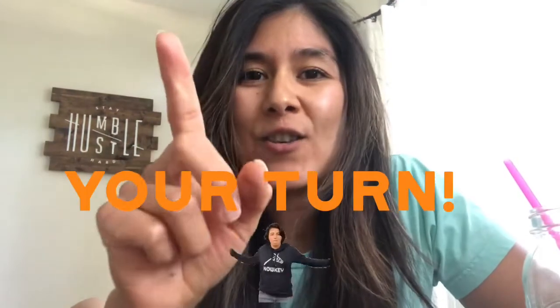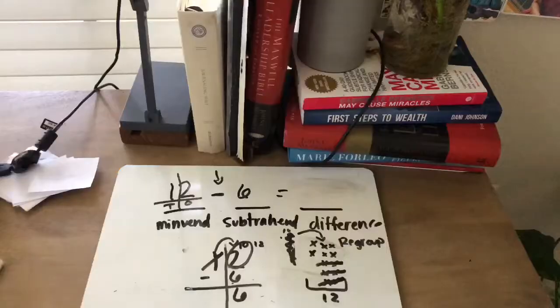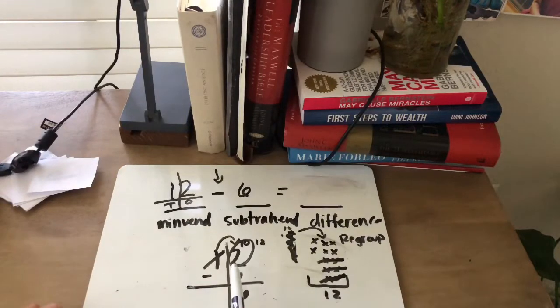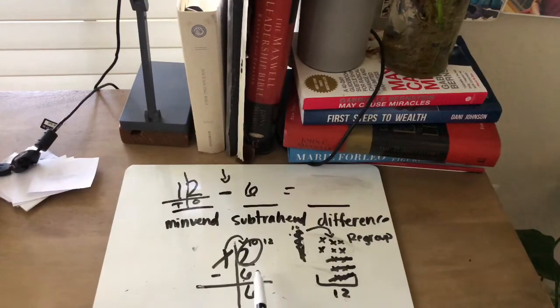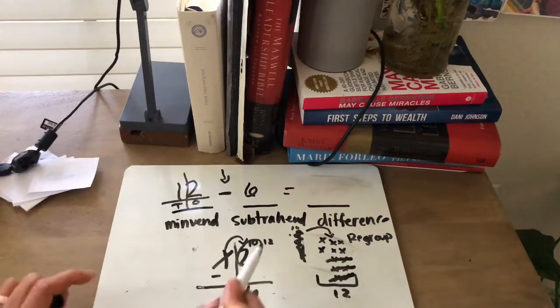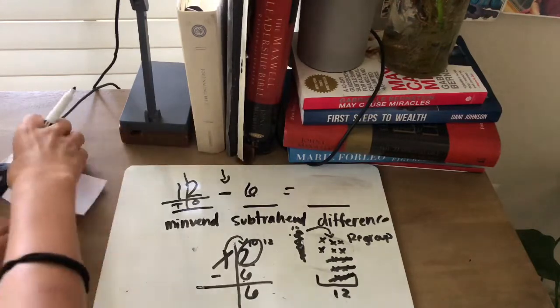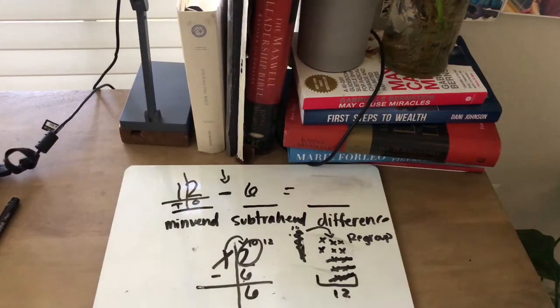Now it is your turn, boys and girls. Just as I showed you how I decomposed my 1 ten and regrouped in order to take 6 away from 12, I want you to do the same thing. This time, let's see what your minuend is going to be.